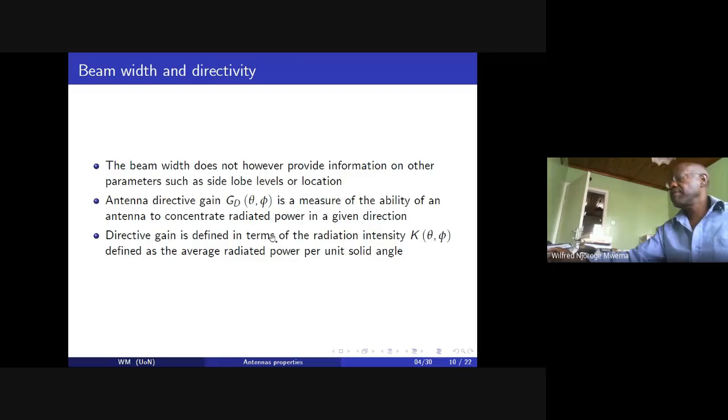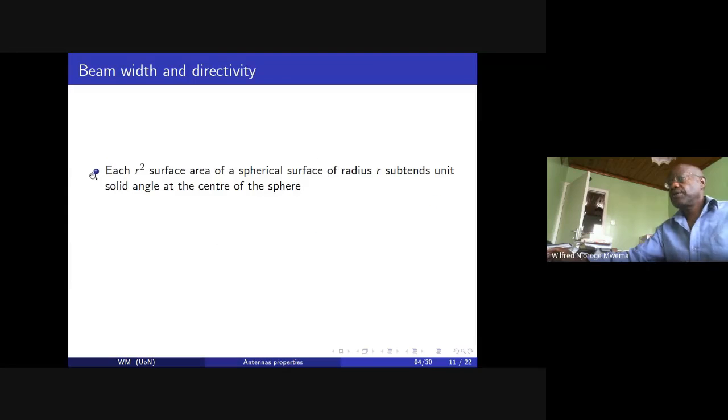And I hope we all remember how we define the solid angle. Each r squared of surface area of a spherical surface of radius r will subtend a unit solid angle at the center of the sphere. And therefore, K(theta, phi) is just going to be given by the radius of the sphere squared multiplied by the average Poynting vector of that antenna.